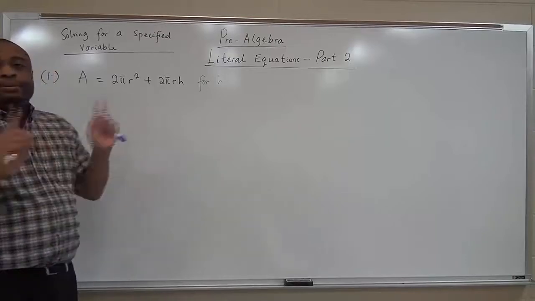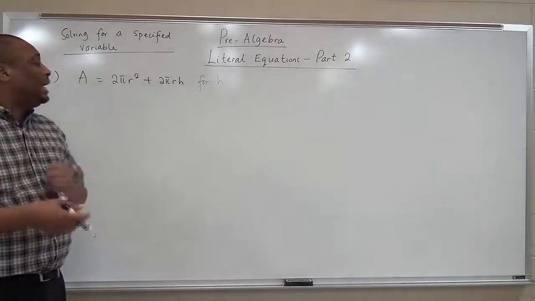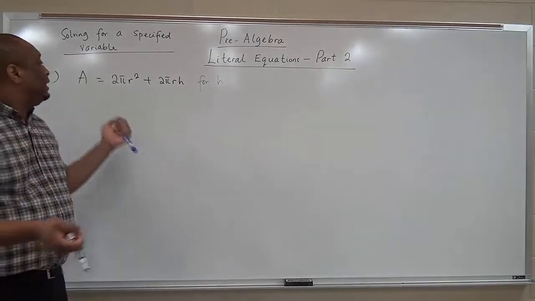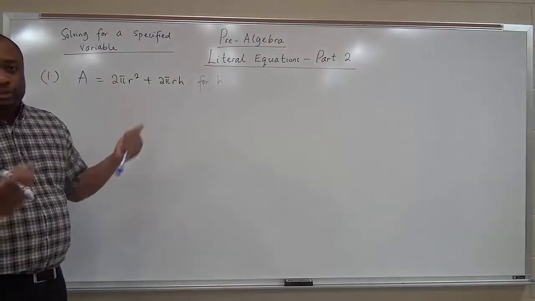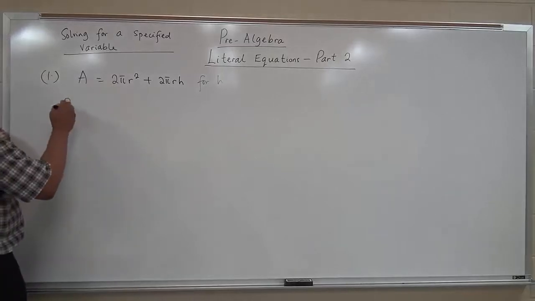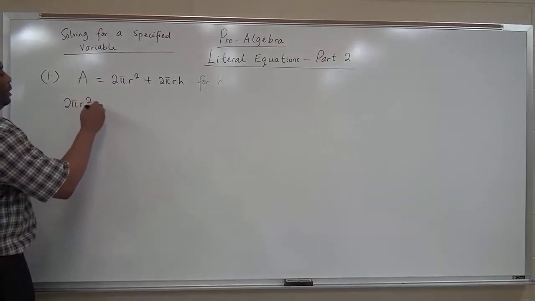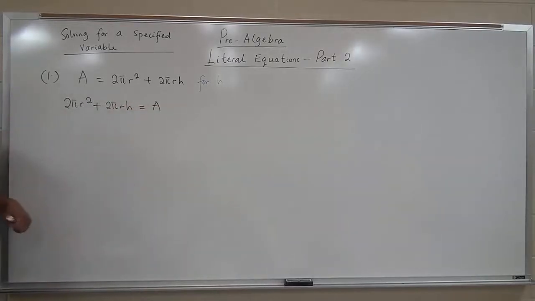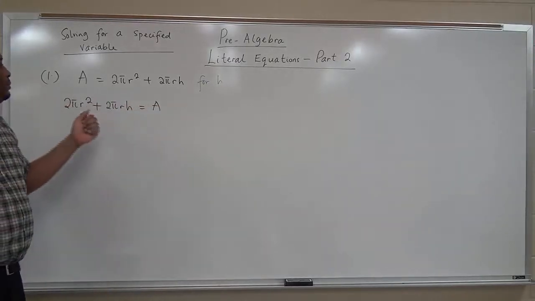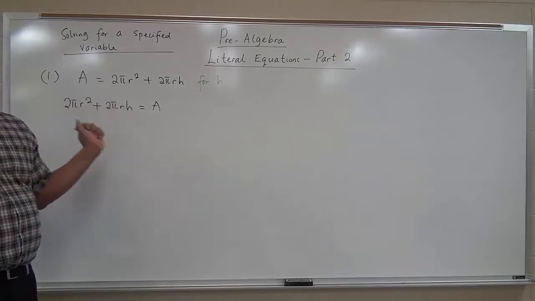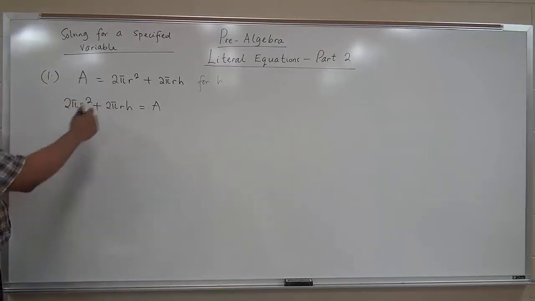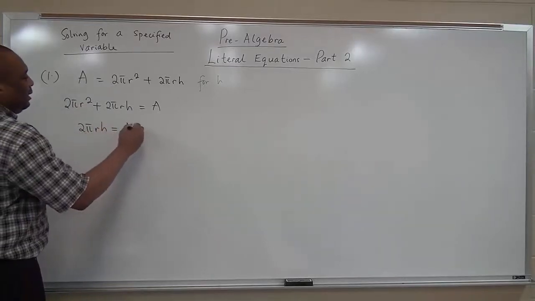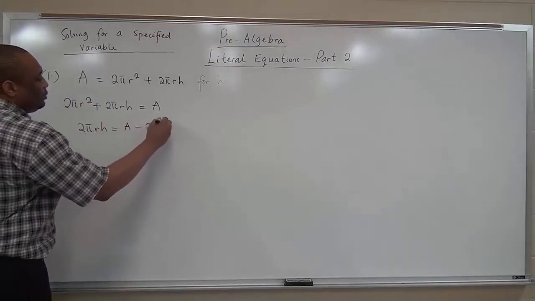So let's swap. Let's make our left hand our right hand, and our right hand our left hand, because this is an equation, so we can do that. So this will be 2 pi r squared plus 2 pi r h equal to A. Then you can now subtract 2 pi r squared from both sides. If you do that, you now have that 2 pi r h is A minus 2 pi r squared.